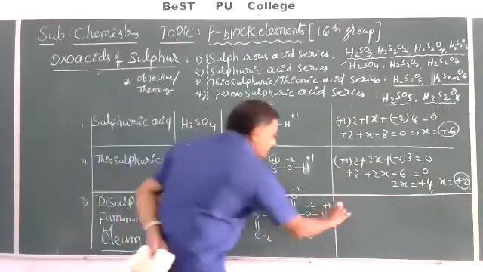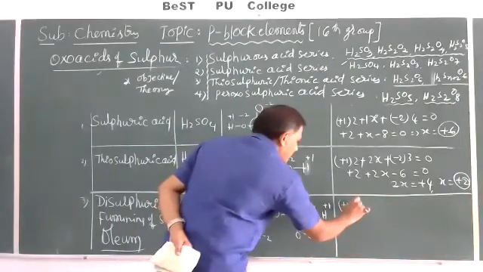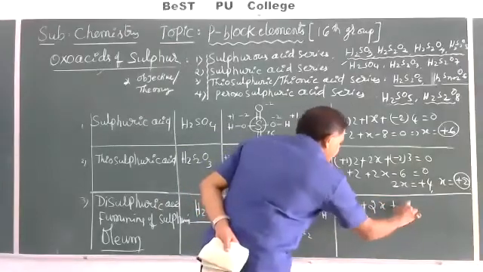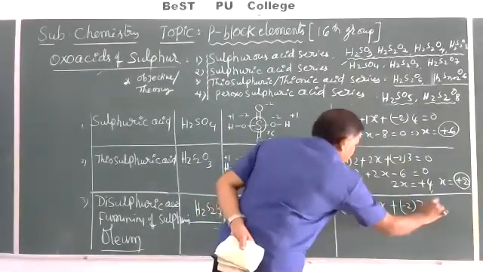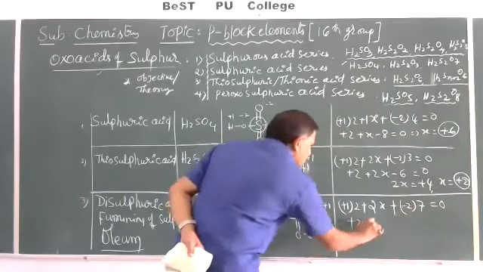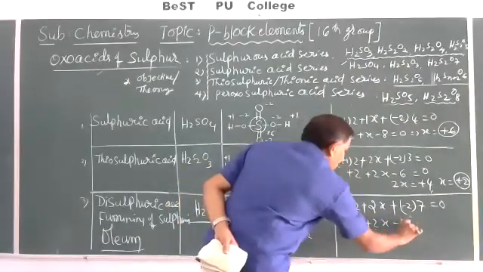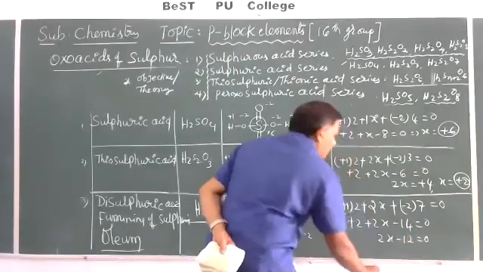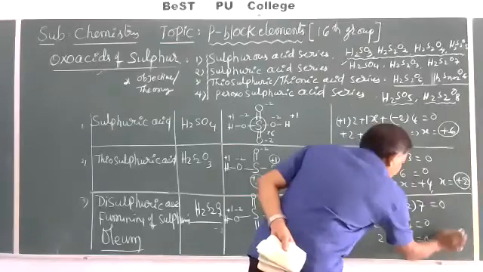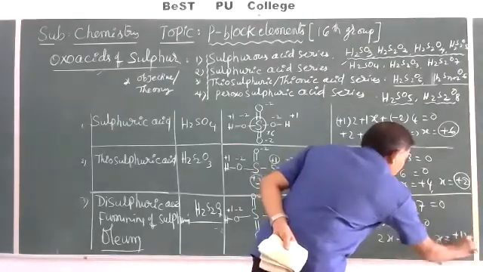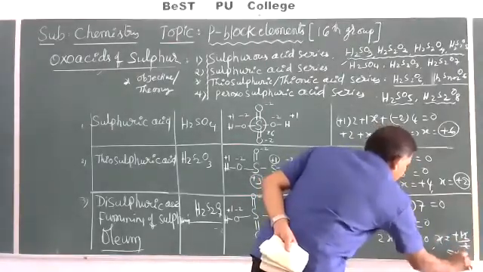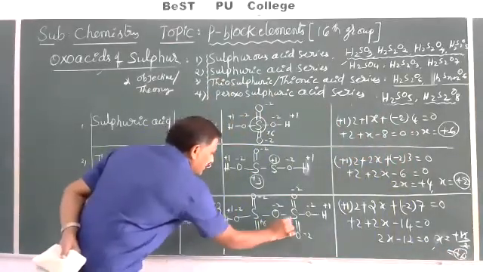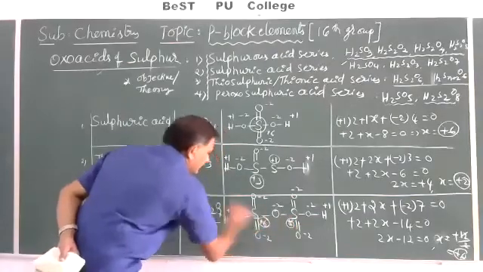On average, +1 into 2 for 2 hydrogen atoms, plus 2 sulfur atoms, plus 7 oxygen atoms equals 0: +2 plus 2x minus 14 equals 0, 2x minus 12 equals 0. Now x equals 12 by 2, that is +6 oxidation state. So the oxidation state is +6 on both sulfur atoms.